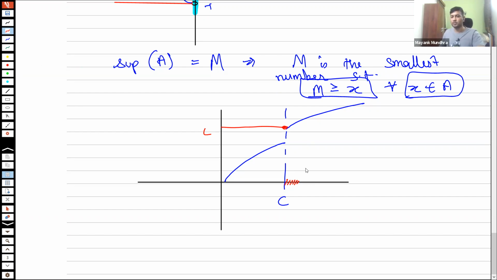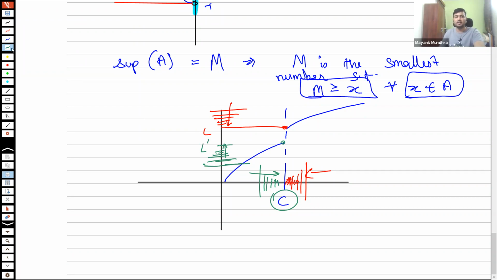If I take any sequence which is moving towards c from the right, the image sequence is going to move towards L from the top. On the other hand, the left hand limit is about points to the left of c, for a sequence which goes towards c from the left. For such sequences, you will have this L prime, and the image sequence is going to tend towards L prime from the bottom.